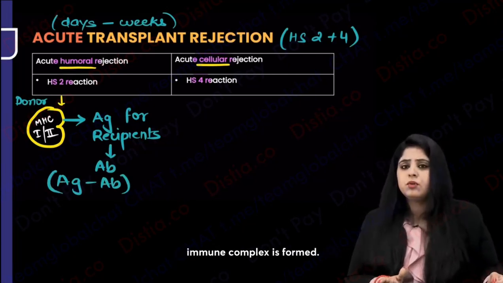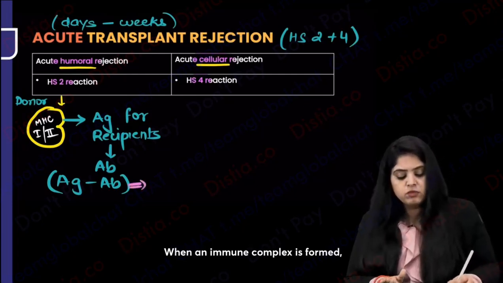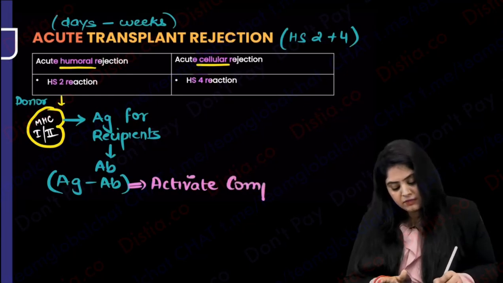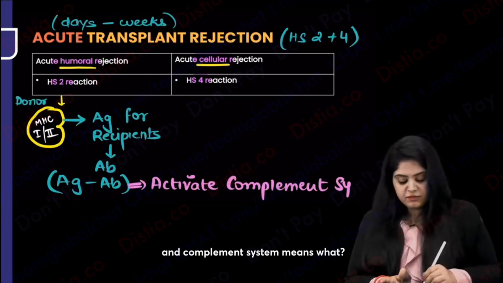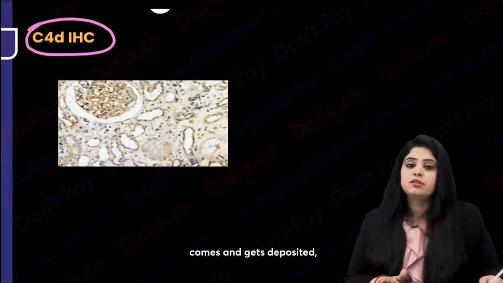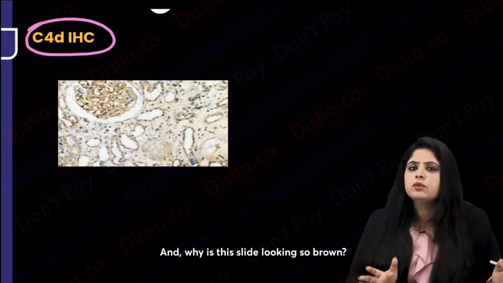Immune complex is formed. What happens when an immune complex is formed, guys? When an immune complex is formed, we tend to activate the complement system. And complement system means what? There is a complement protein that comes and gets deposited, that is known as C4D. And why is this slide looking so brown?